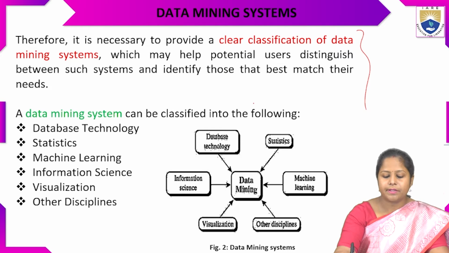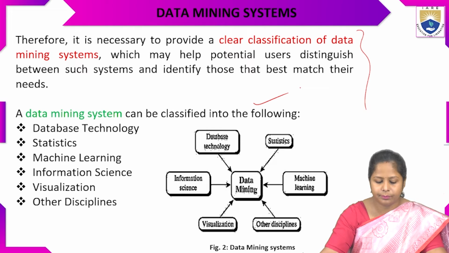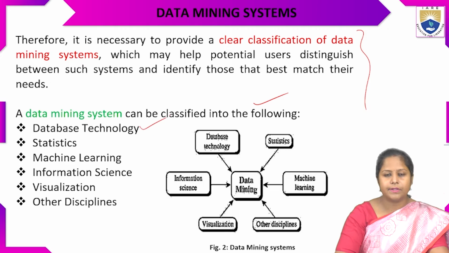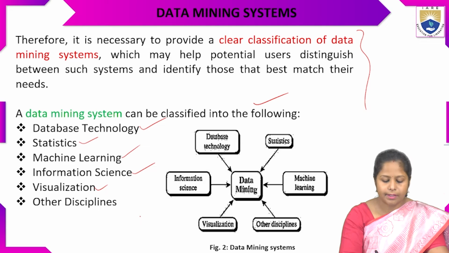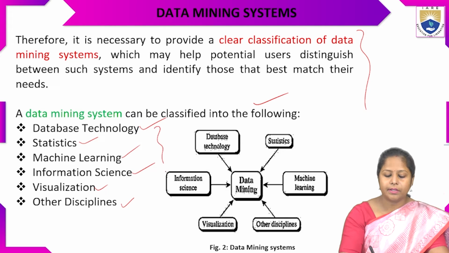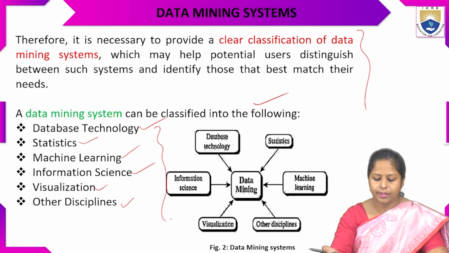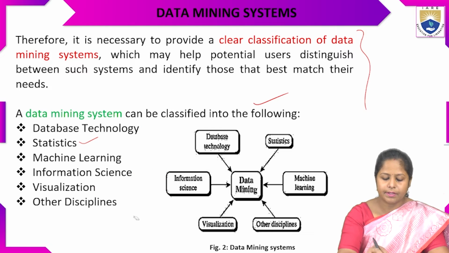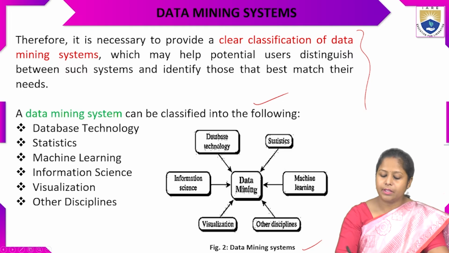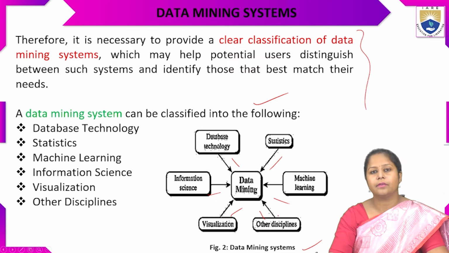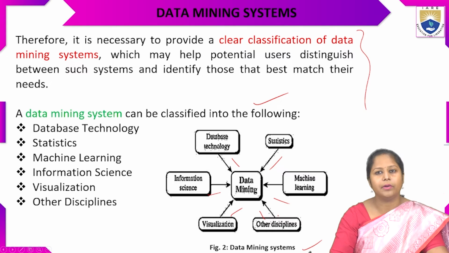Data mining systems can be classified with respect to database technology, statistics, machine learning, information science, visualization, and other disciplines. In this figure we can see that the data mining system is a combination of visualization, information science, database technology, statistics, machine learning, and other domain knowledge.